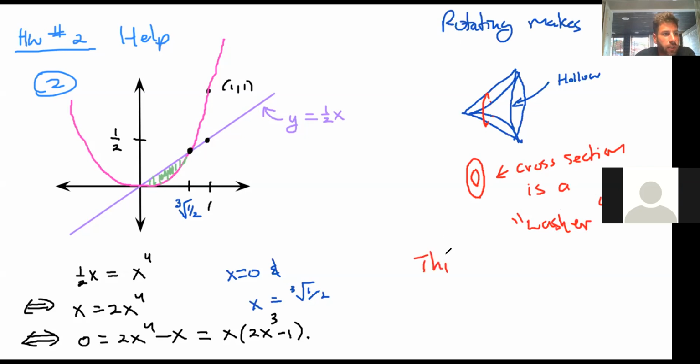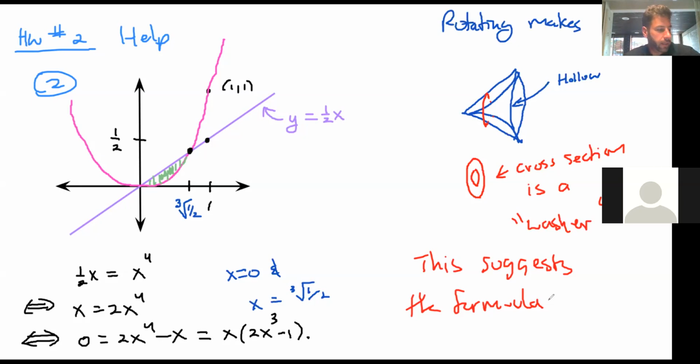So this suggests the formula for the washer method. And what's the formula for the washer method?